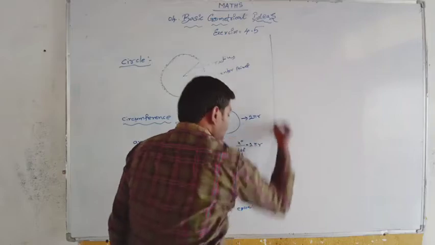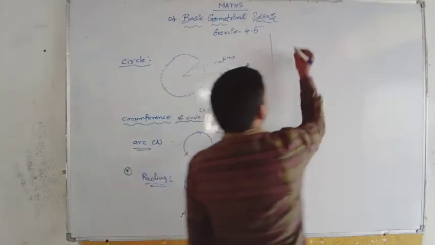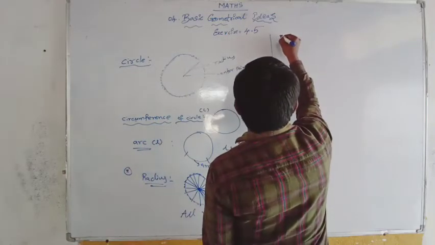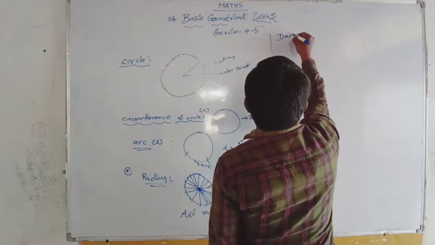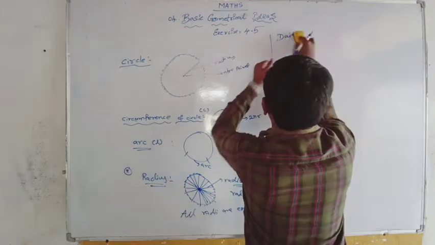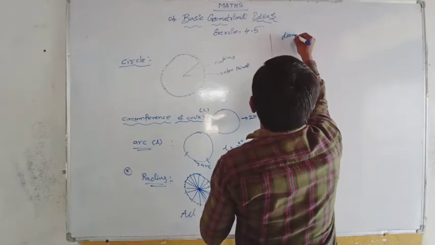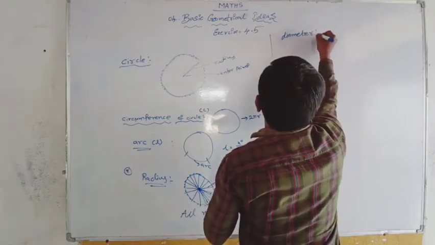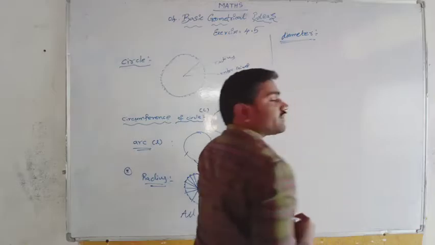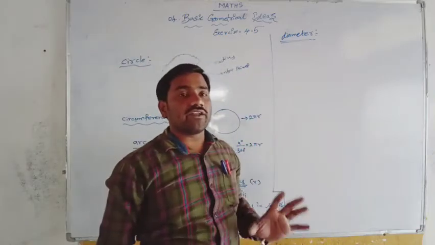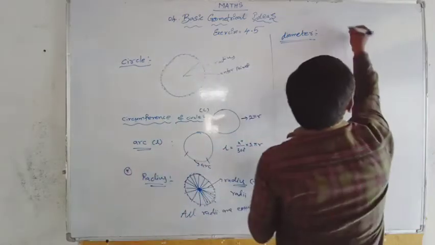Next, we must learn about diameter. Diameter of the circle. What is the meaning of diameter of the circle? Simple.